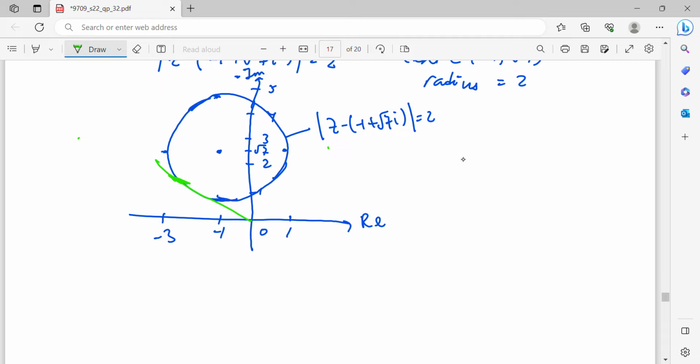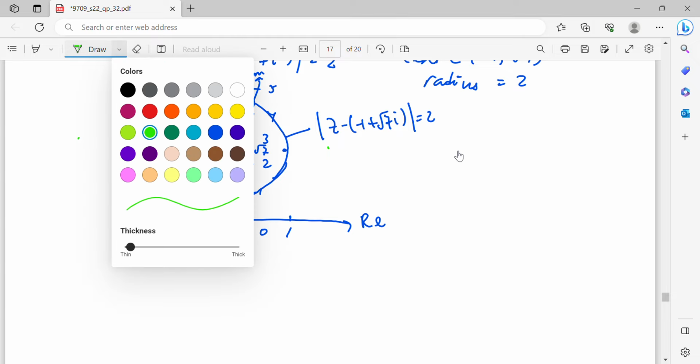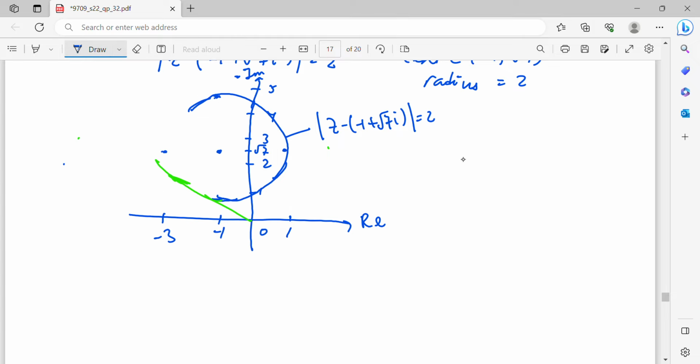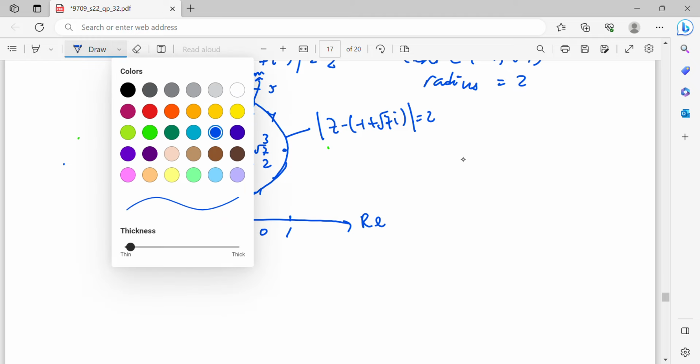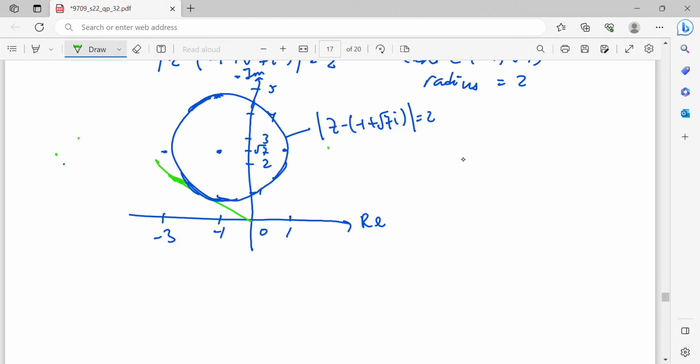It's supposed to just touch one point. Okay, let's say for example like this. Right, so okay, so now the greatest argument is over here, just touching a point. Okay, so how to get this?